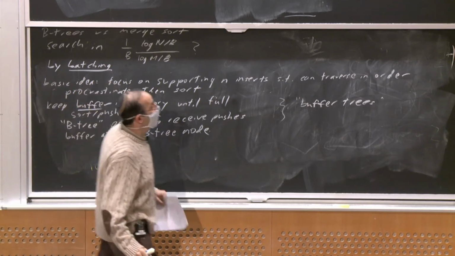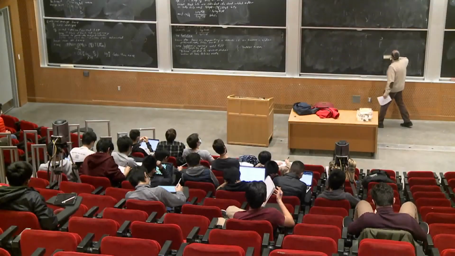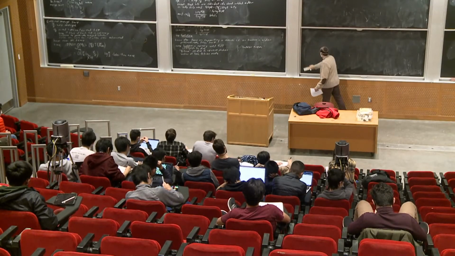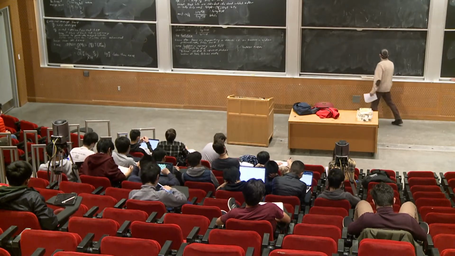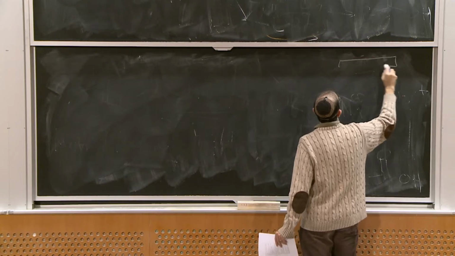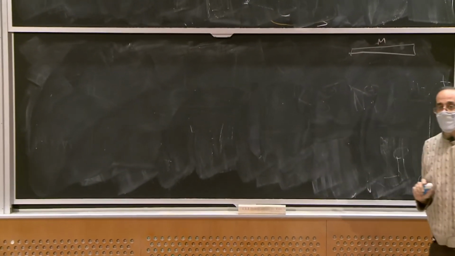And you'll see in a minute why I put B tree in quotes. So up at the top, I've got my memory with its M items.